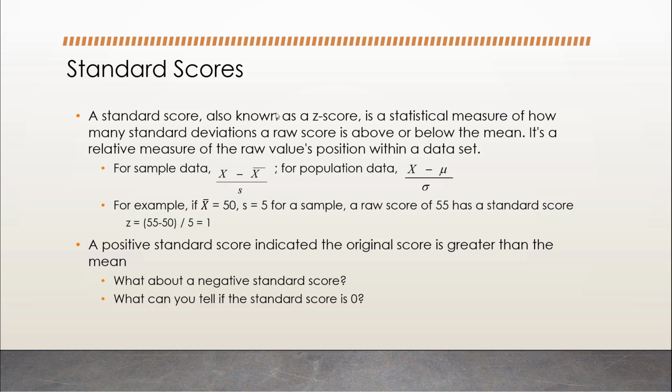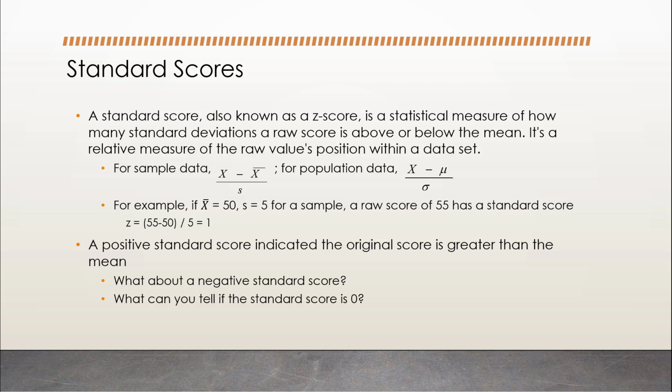For example, if a set of scores has a mean of 50 and a standard deviation of 5, then a raw score of 55 has a z-score of 1. This is because 55 minus 50 equals 5, and 5 divided by 5 is 1.